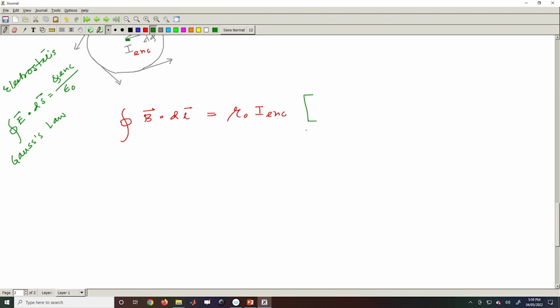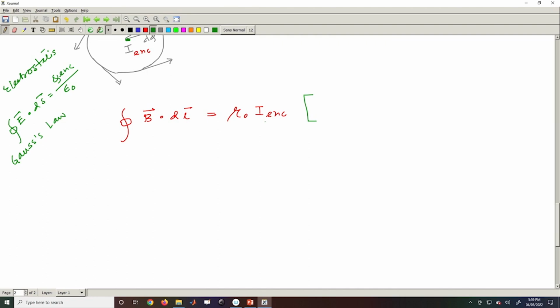Here we have exactly similar things, but instead of the surface integral, I have a closed line integral, and instead of 1 by epsilon, we have mu 0, and instead of q, I have I. Q was the static charge there, now here is a steady current. Every time we deal with a magnetostatic problem, I need to have a steady current.